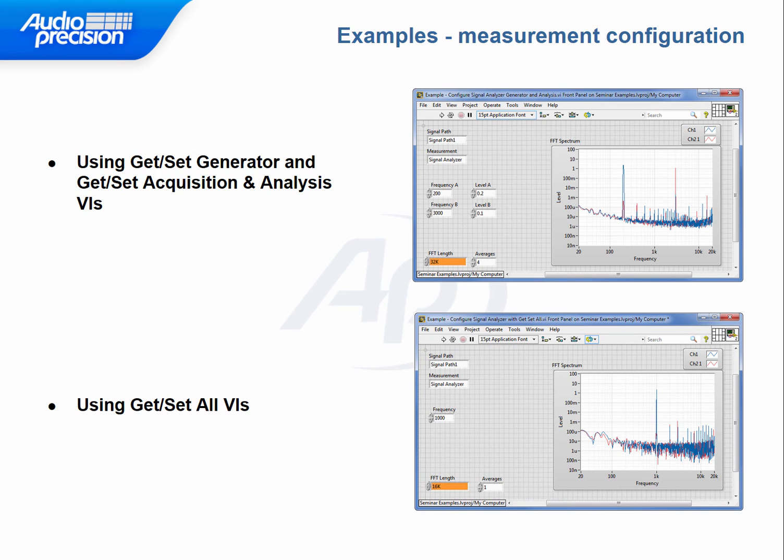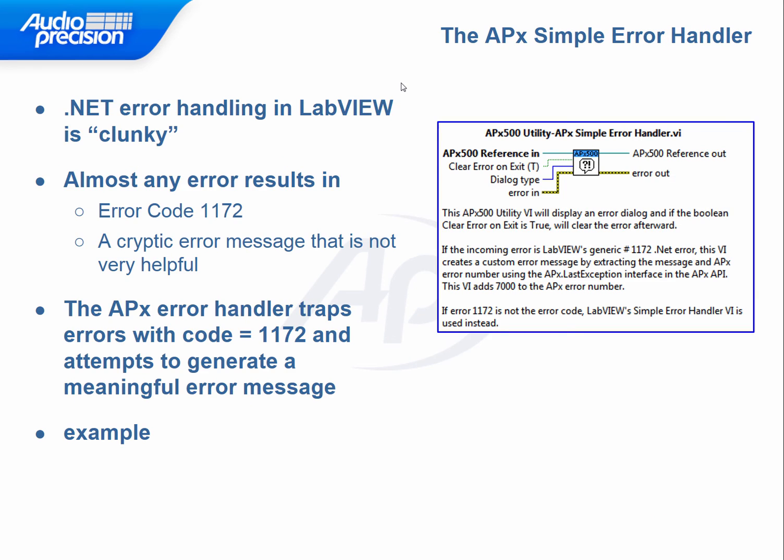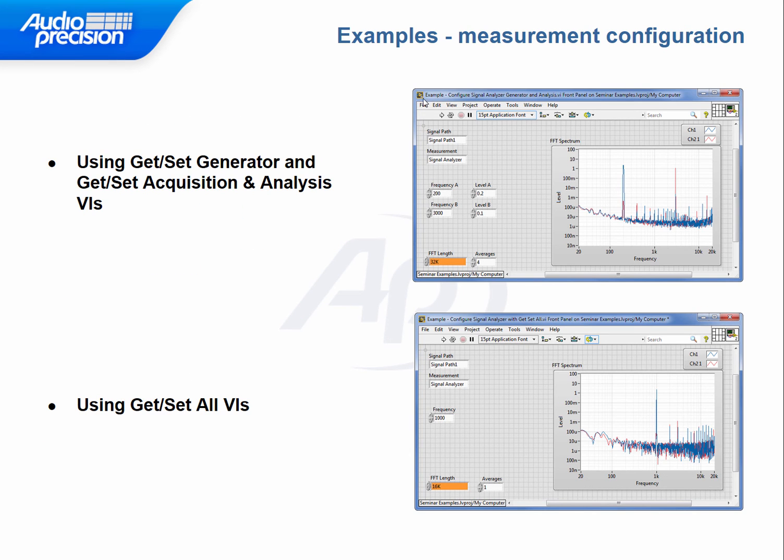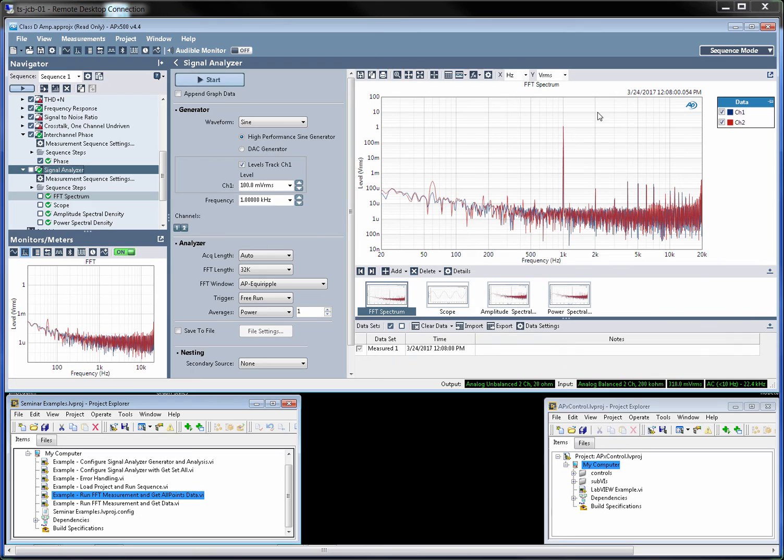So let's look at some examples of configuring the measurements. First we'll use the get set generator and get set acquisition and analysis VIs, and then we'll use the get set all VIs. I'm going to cancel out of the presentation mode here and load those examples.